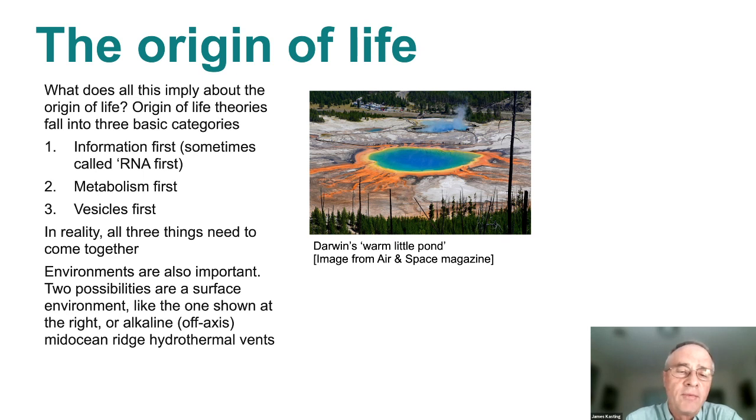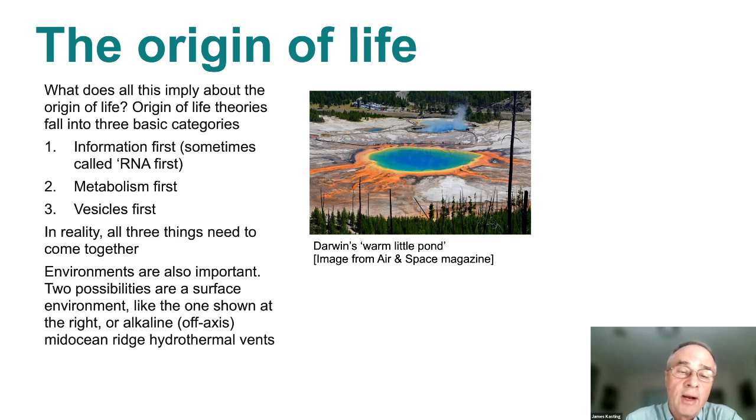And one way of classifying theories of the origin of life is shown on this slide here. There are three different ways of thinking about it. One is information first, or RNA first. You have to have molecules that can be made into genes to record hereditary information.